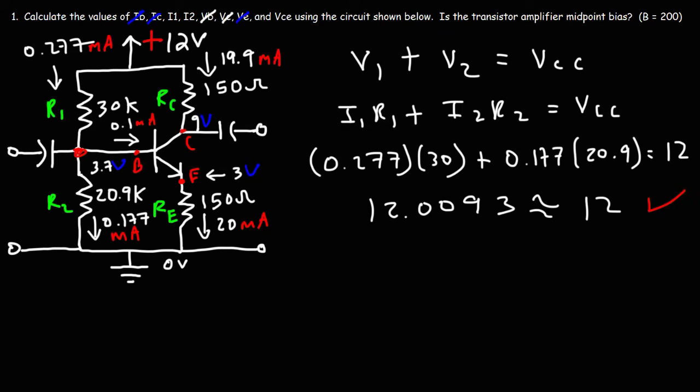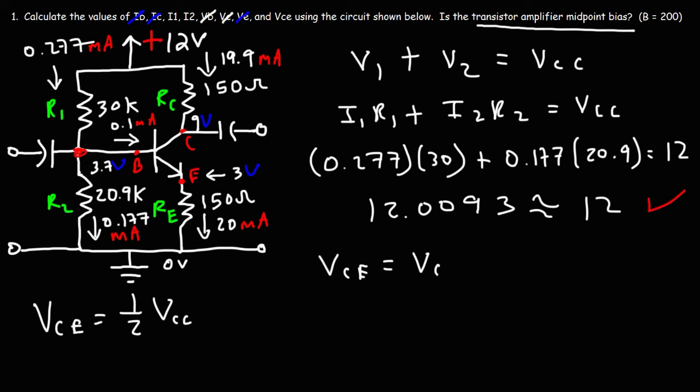Now the next thing that we need to do is determine if the transistor amplifier shown below is midpoint bias. It's going to be midpoint bias if VCE is 1/2 of the collector supply voltage. So let's find out what VC is. VCE is the difference between VC and VE.